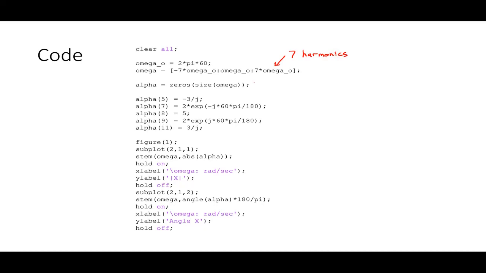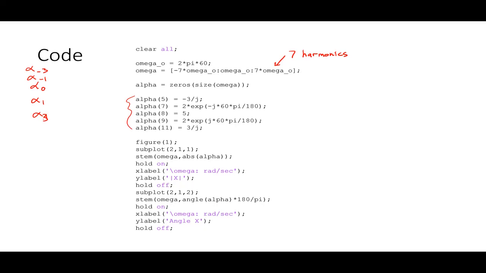And I create an alpha vector, which is the same size as that. So then I got to figure out, well, which ones do I need to put in here? So I need to remember I need alpha 0, alpha 1, alpha -1, alpha -3, alpha 3, like that.